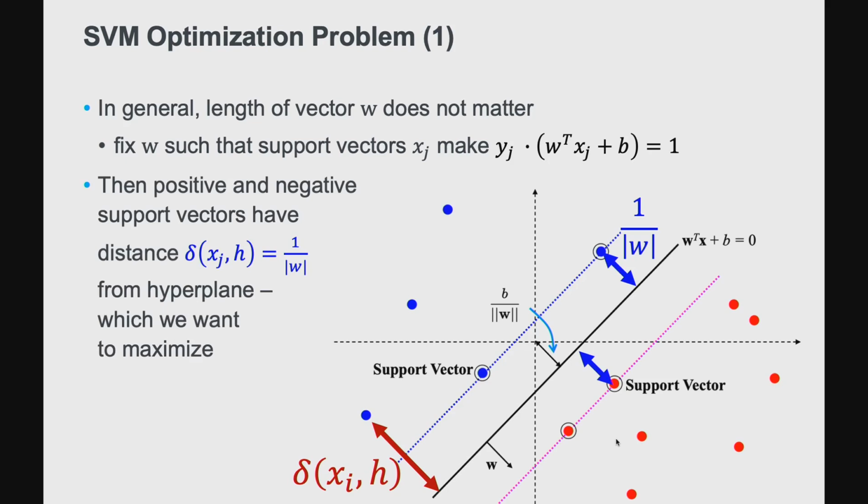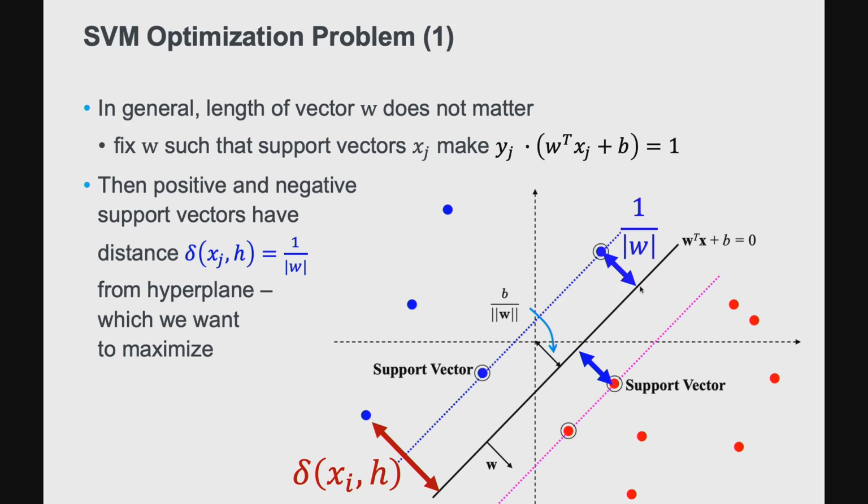Okay, so what do we have now? If this formula is exactly 1 for the support vectors, then the distance indicated here is exactly 1 divided by the length of w. You just have to look at what is the projection on this plane, what's the distance between the two, then the bias doesn't matter, and then it's exactly 1 divided by the absolute value of w, which is exactly the distance of the support vectors from this hyperplane.